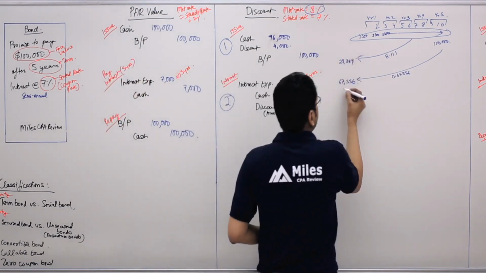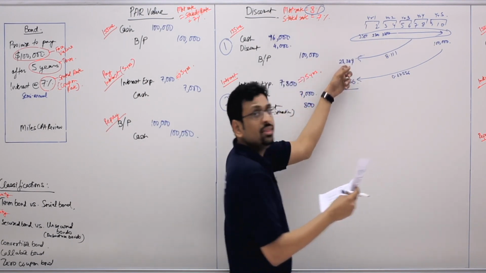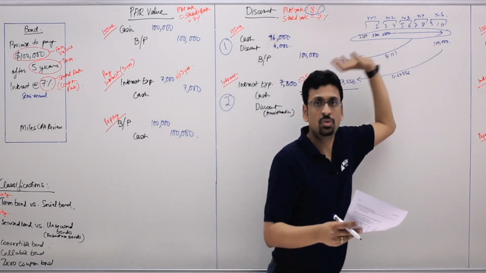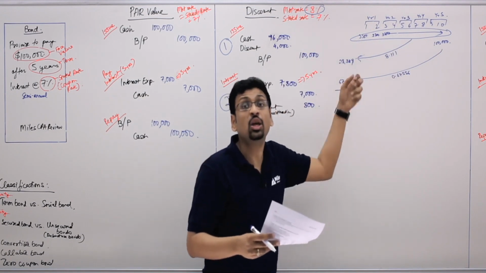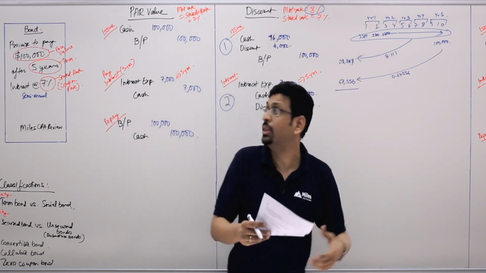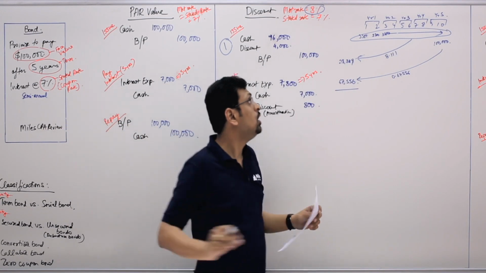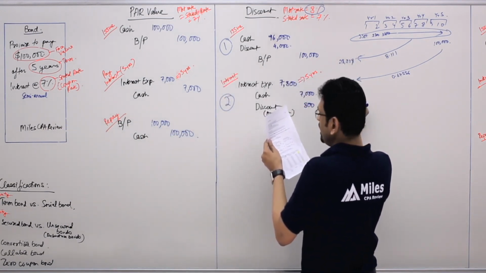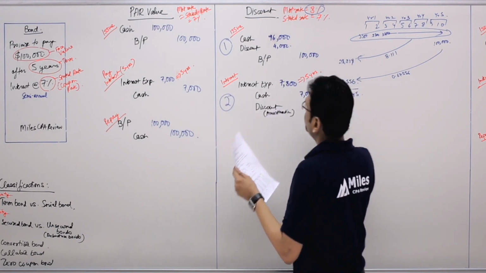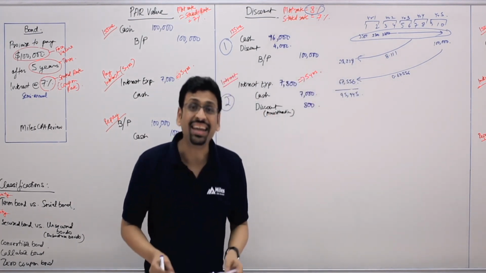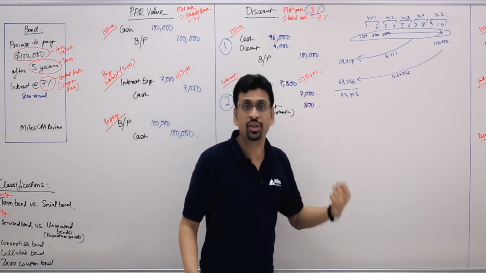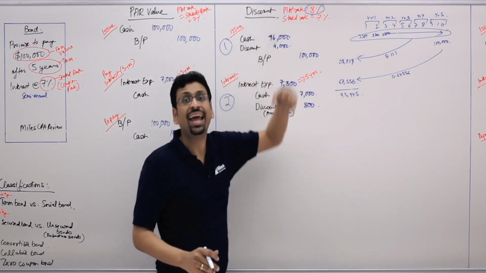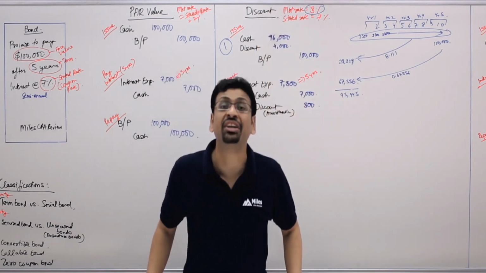Now, if you sum up these two, this is the present value of the interest payments, and this is the present value of the principal repayment when the bond matures. The sum of this gives us 95,945. That is the present value of this bond at the market rate, the effective interest rate.